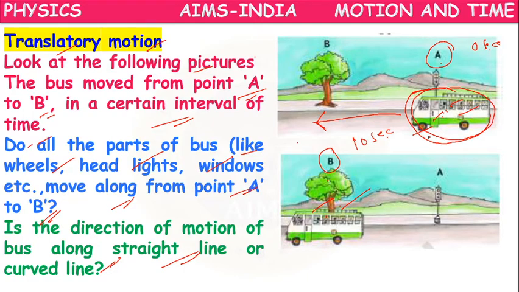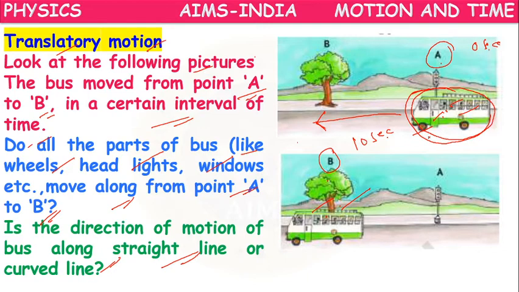Not only the body parts of the bus, but everything directly related to the bus, the luggage, the steering, the wheels, the driver, the conductor, everybody is moving from point A to point B.